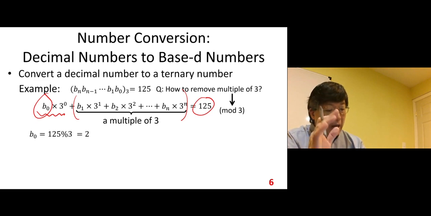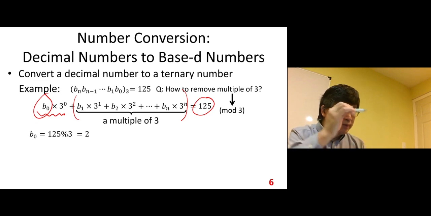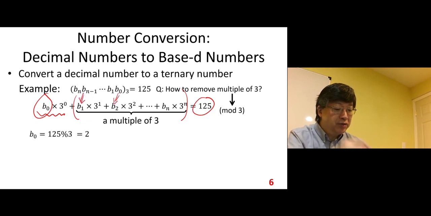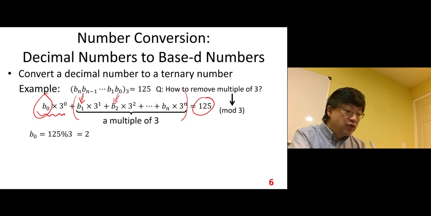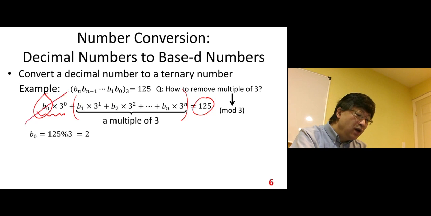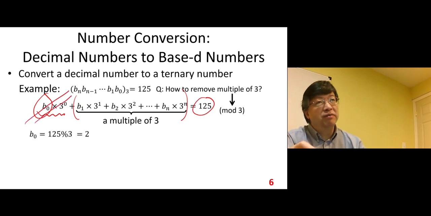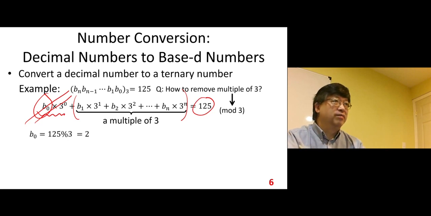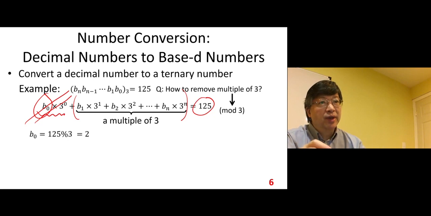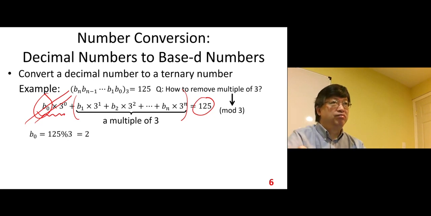After that, we want to find the remaining digits one by one. When we go to the next level, we want to eliminate the first term. How do you eliminate the first term this time? One simple way is integer division.